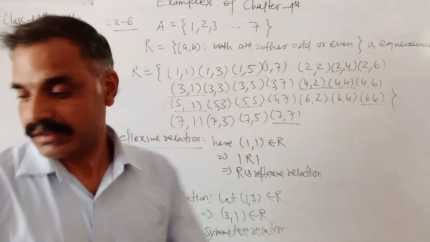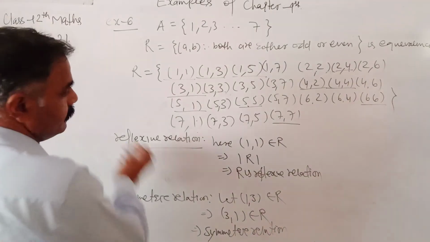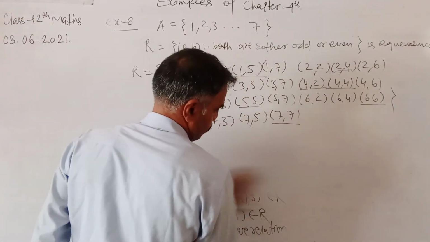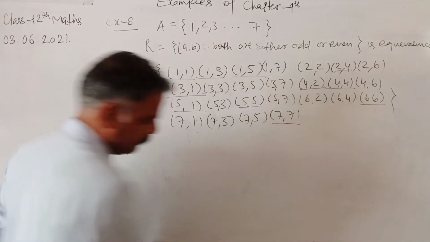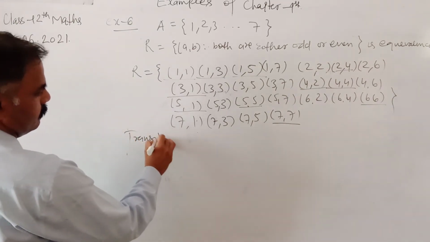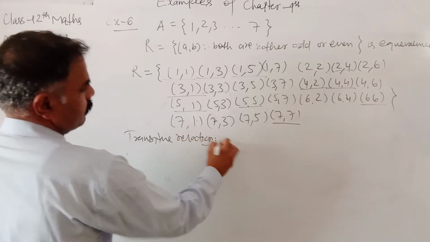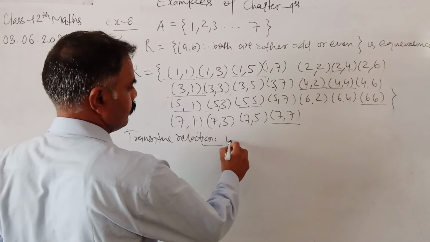Now the third property is transitive relation. Let us take an example.